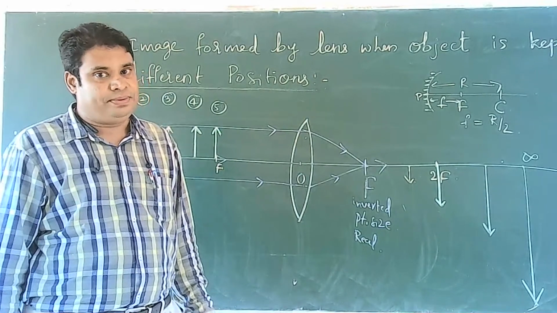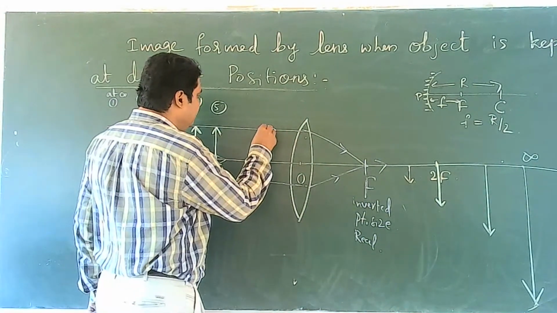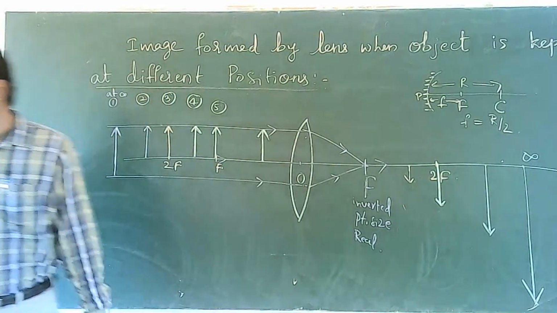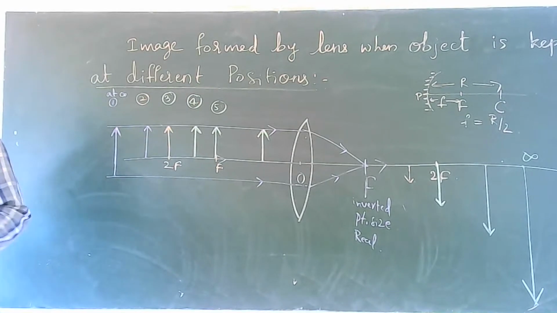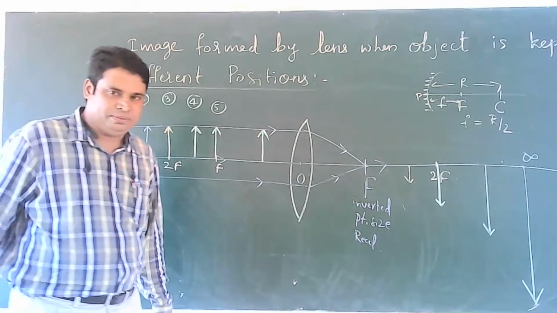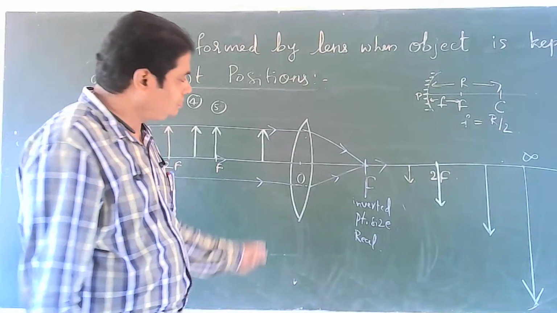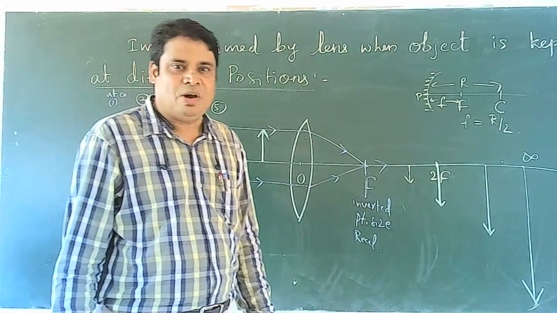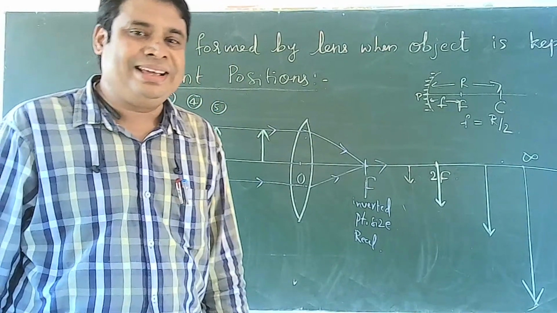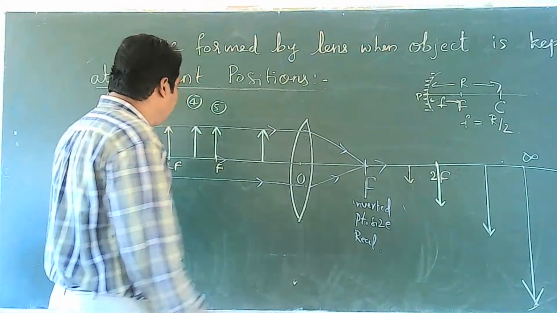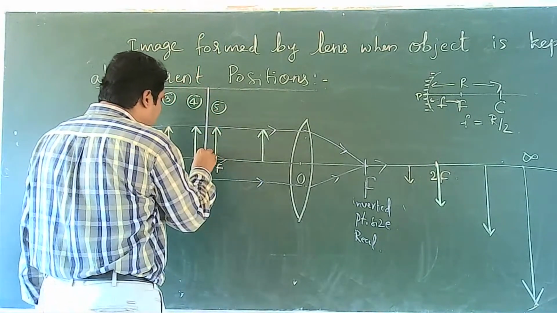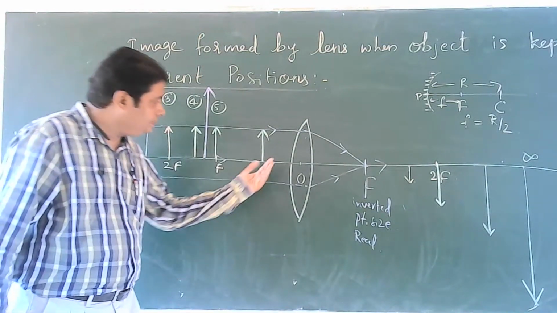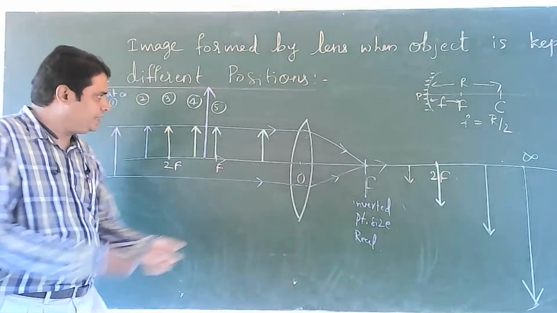What if the object is placed between F and O? We observe no real image forms on the other side. Instead, a virtual image is formed on the same side as the object.